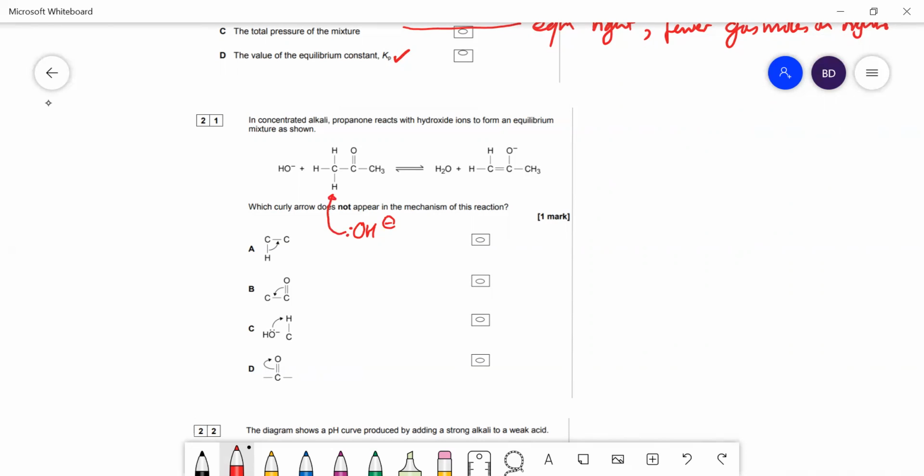We're familiar with these. That pair of electrons is going to form the pi bond like that. Then the carbonyl carbon is forming too many bonds, so that's going to break and form an O minus there. This one does appear, that one doesn't. That does, the OH minus picking up the proton, and there the pi bond and the carbon are breaking. So B is the correct answer. That's the one that doesn't.